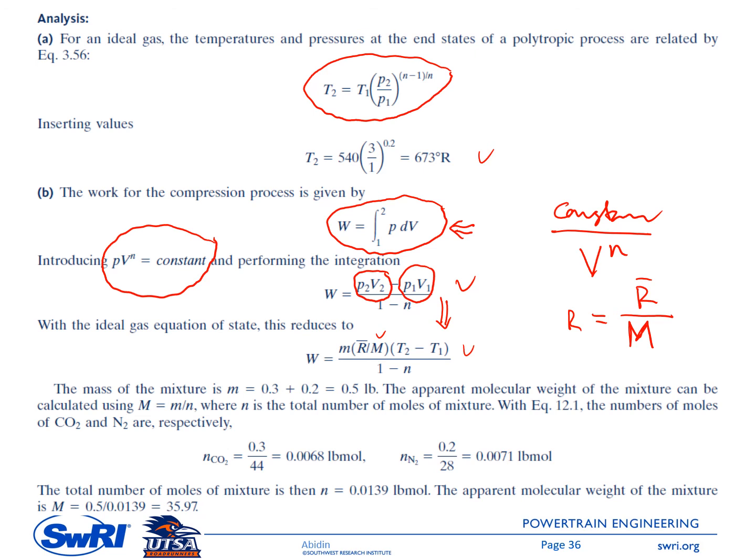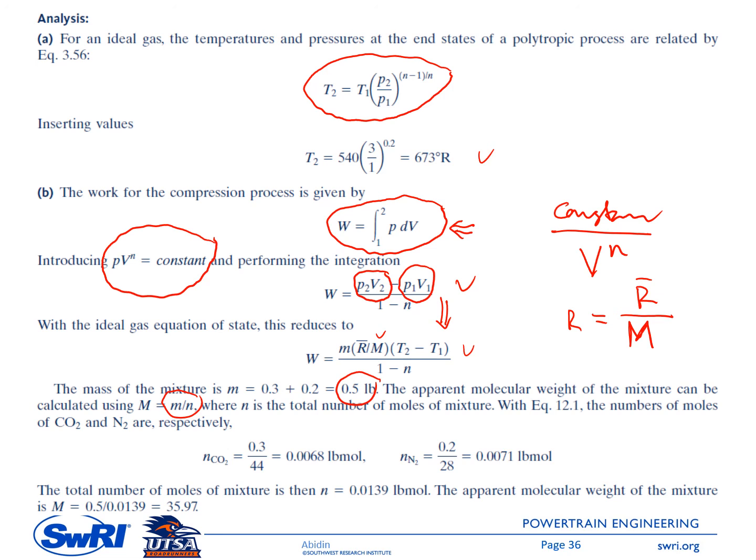The mass of the mixture is given: we have 0.3 pound of CO2 and 0.2 pound of nitrogen. So the total mass is 0.5 pound. This is the total mass of the mixture. The apparent molecular weight of the mixture can be calculated using this formula, where N is the total number of moles of the mixture.